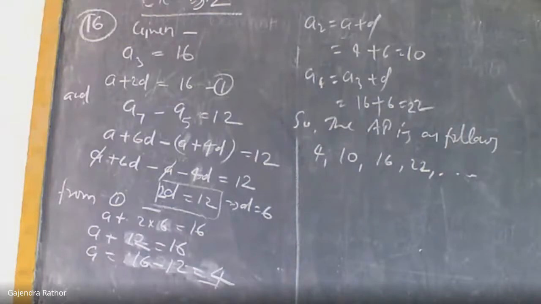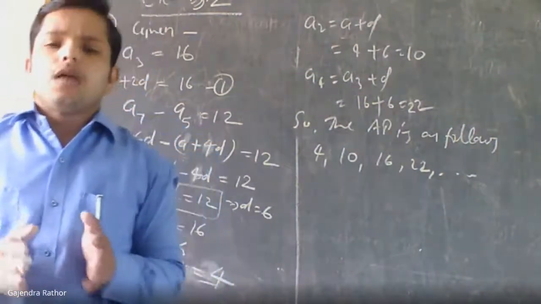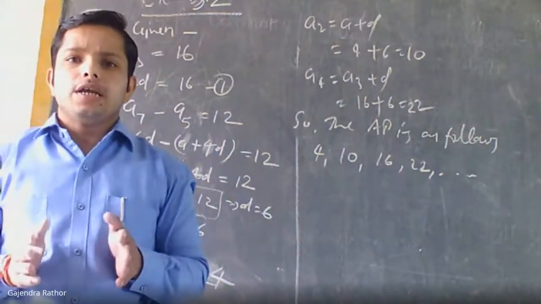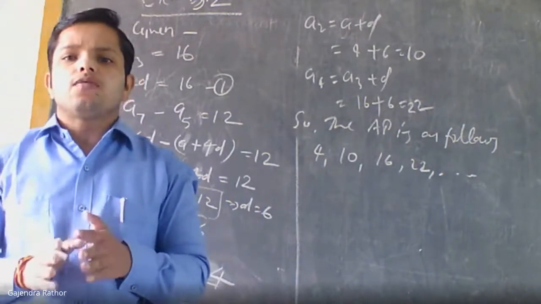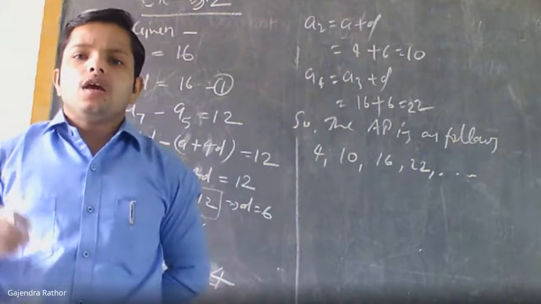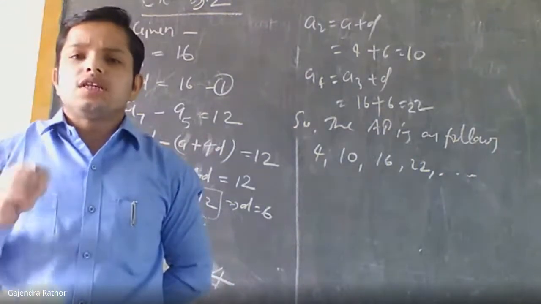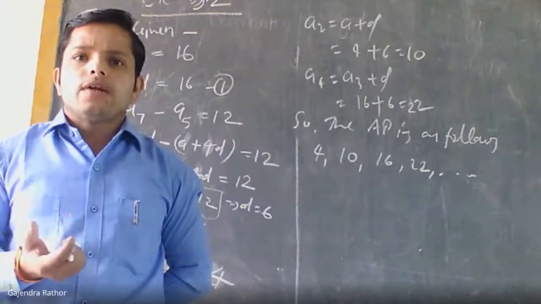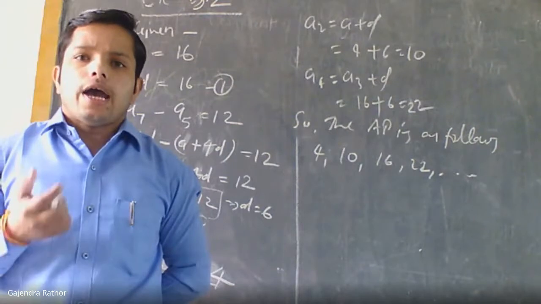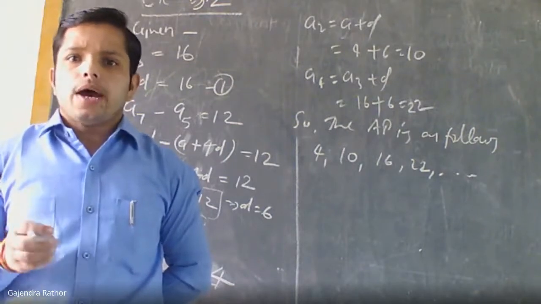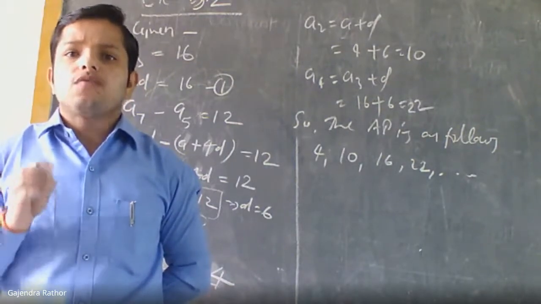The next question is a doubt: how many terms should we find to represent an AP? The number of terms is not compulsory, not fixed. At least we have to write a minimum of 3 or 4. Why minimum 3? Because based on these 3 terms, we can check the common difference in two ways: A2 minus A1 and A3 minus A2. So that's why we should write a minimum of 3 or 4 terms.